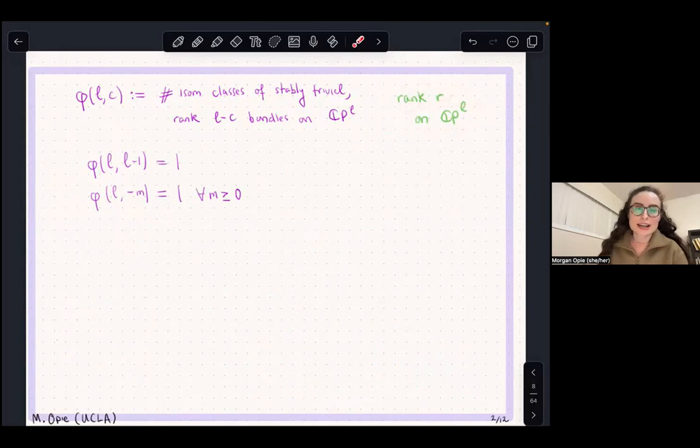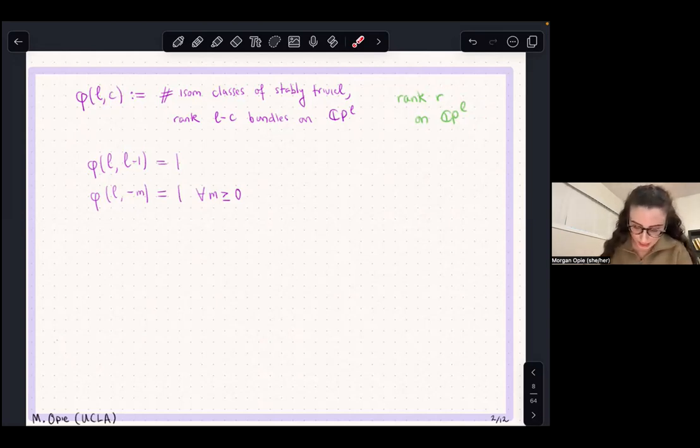However, it's going to turn out that the way this problem comes together, you want to focus on the co-rank. That is what controls the complexity of the problem. So that's why I've chosen to write this in terms of the dimension L and C, which is the dimension minus the rank, or the co-rank, instead of in terms of rank and dimension.